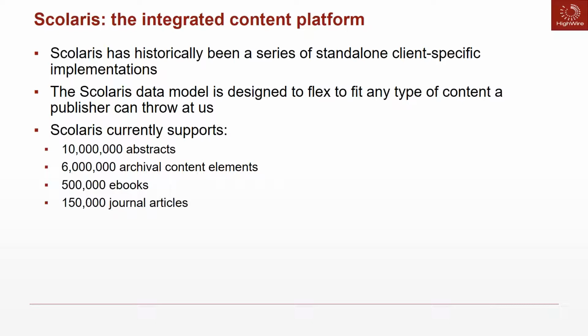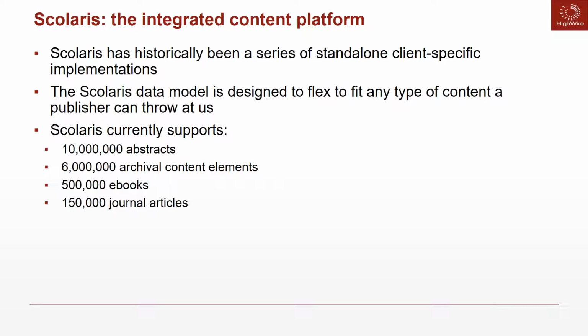In terms of scale, we have in the past supported CAB abstracts. They've very recently moved over to their own site. That was well over 10 million individual abstracts as part of a database. We have archival content elements. For example, the Brill Primary Sources online site has, as you might guess from the name, primary sources.